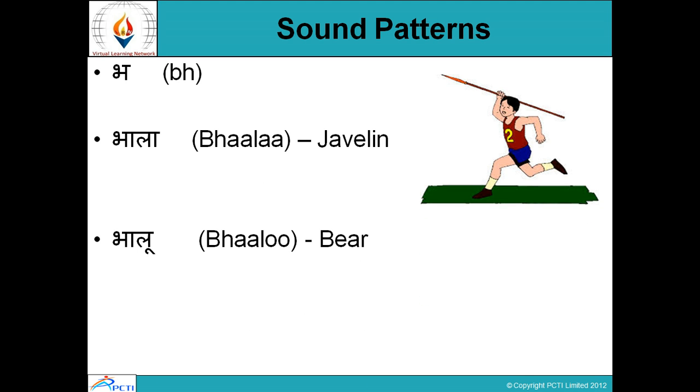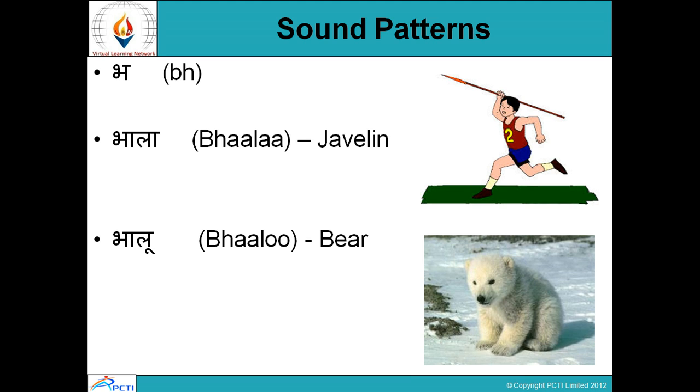Next is bha. This is bha. Now the sound pattern with bha. Bhala. Bhala is what? Javelin. You can see in the hand of the boy, he has a javelin in his hands, so it is called bhala.